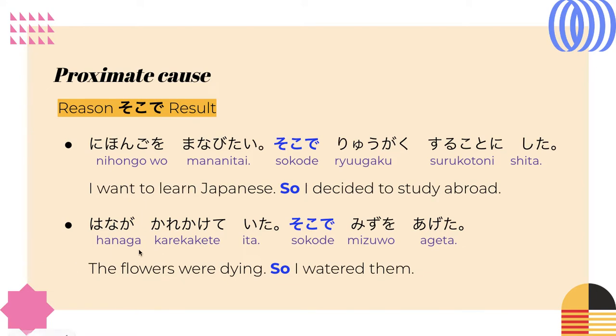To say this in Japanese is 花が枯れかけていた。そこで水をあげた。So the reason why I watered the flowers is because the flowers were dying, so I watered them. So reason, そこで, result. Very simple.